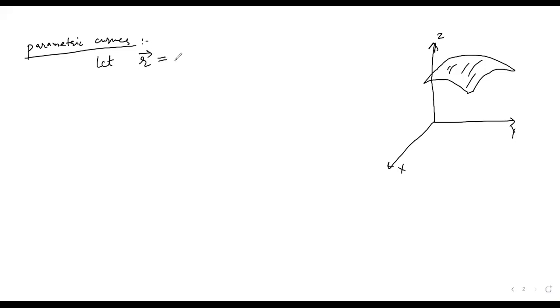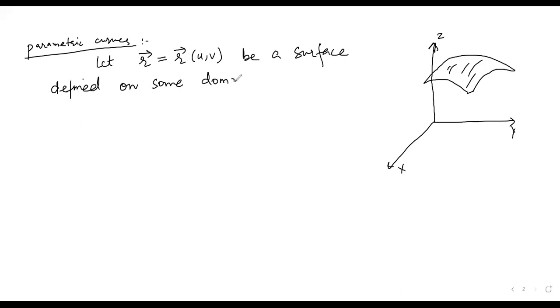Let R equal, now it's fine, R at UV be a surface. If this is a surface defined on some domain D, let's call it D. Now if we keep one of the parameters constant, now you know that at each point, we can think somewhere we have these pairs of numbers, what we call our UV plane.